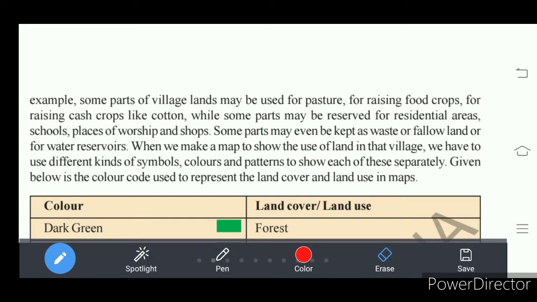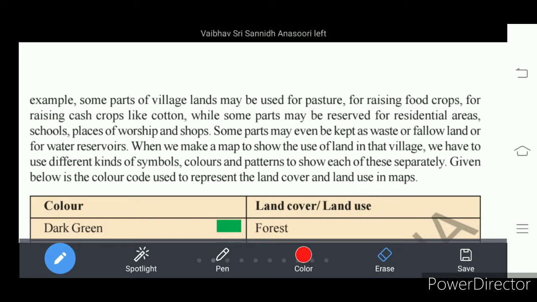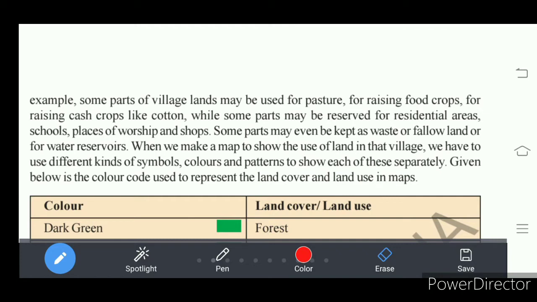For agricultural land, one symbol we use. For residence purpose, we use one symbol. And for the land used for construction of dams and water reservoirs, we use one symbol. So different symbols we have to use in making the map. And we have to use different colors also to represent different things.